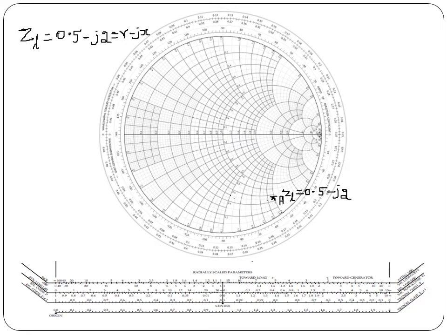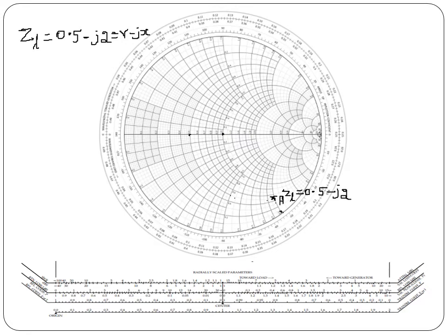R equal to 0.5 circle and minus Jx equal to minus J2 circle coincide at point A, which is equal to 0.5 minus J2.